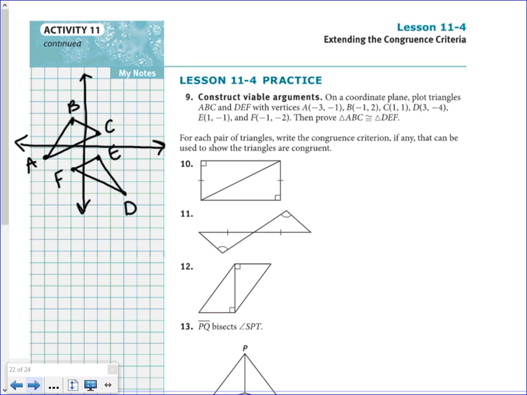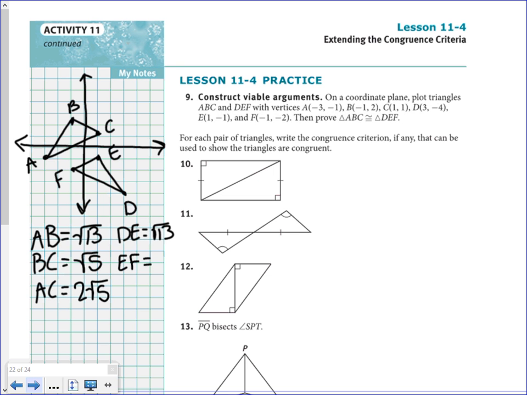And so, if you use the distance formula, you should get that AB equals square root of 13, that BC equals square root of 5, that AC equals 2 square roots of 5. And then you should also get that DE equals square root of 13, EF equals square root of 5, and DF equals 2 square roots of 5.